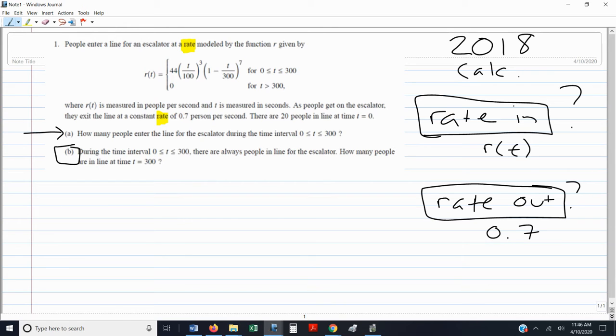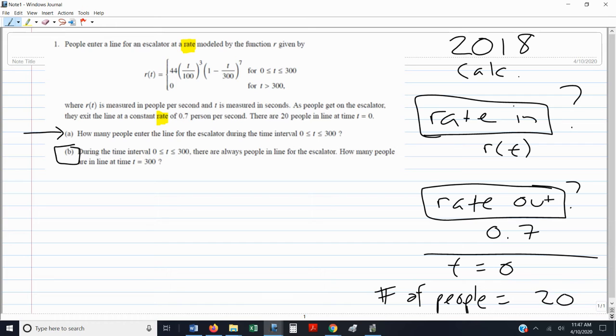And the last question is, at time t equals 0, how many people are in line? And that is 20. So I did highlight these, that they're giving us the rate people are entering the line, the rate people are exiting the line, and then how many people are at time 0.